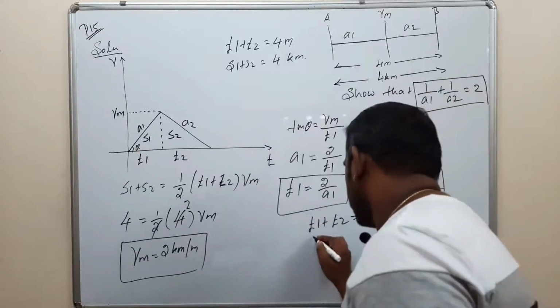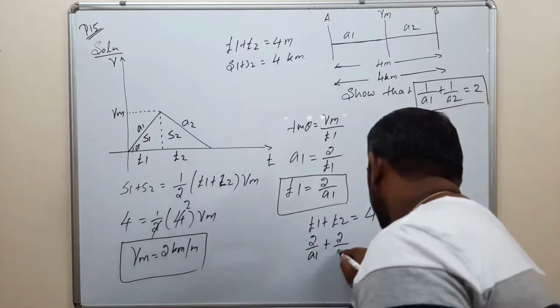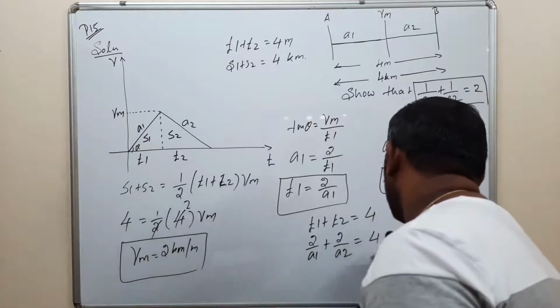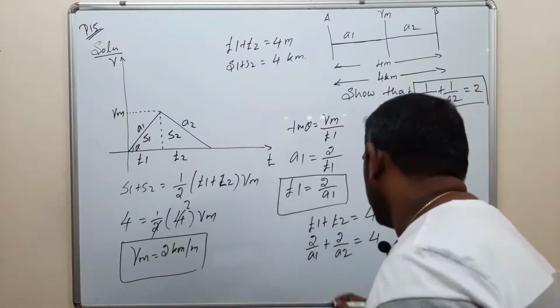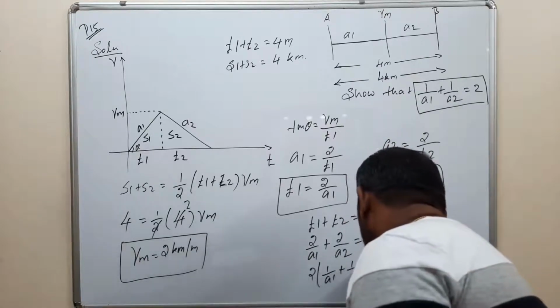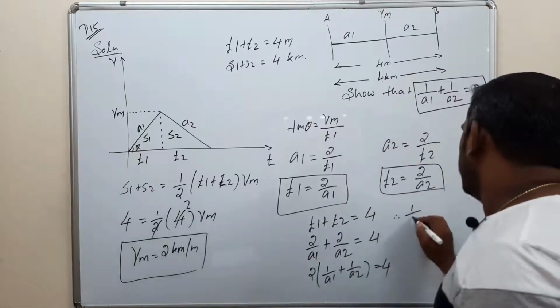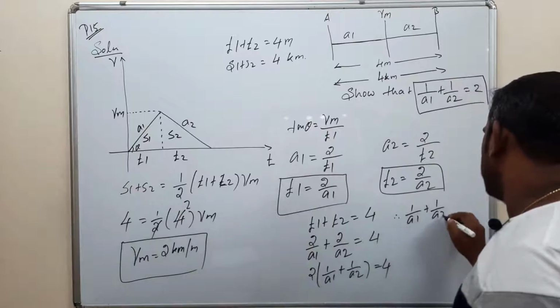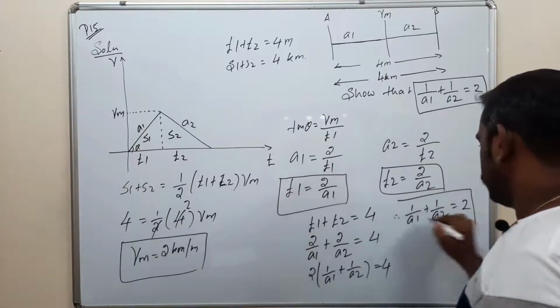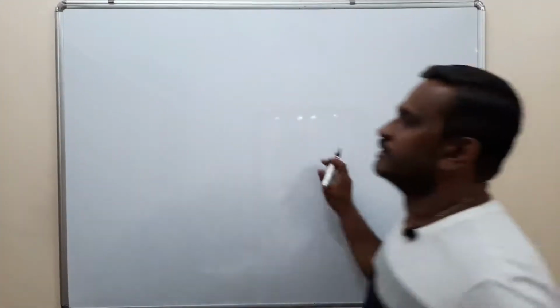So T1 is 2 by a1 plus T2 is 2 by a2, equal to 4. Take 2 common outside. So 2 into (1 by a1 plus 1 by a2) is equal to 4. Therefore, 1 by a1 plus 1 by a2 is equal to 2. That is what we had to prove. Clear? So the next problem, that is the 16th question.